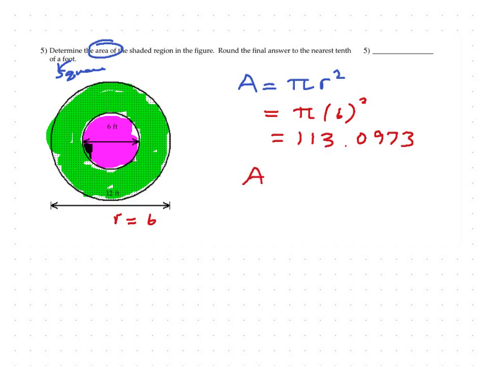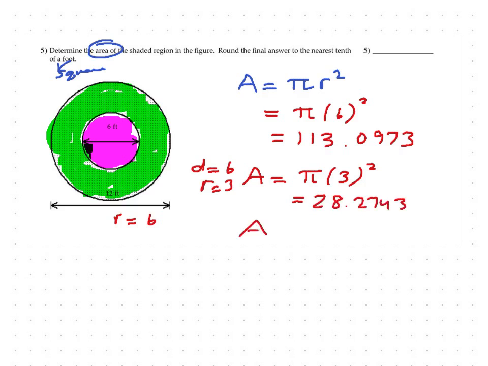The area of the inside pink circle, with a diameter of 6 and a radius of 3, I would do pi times 3 squared. So 3 times 3 is 9 times pi is going to give you an area of 28.27433.